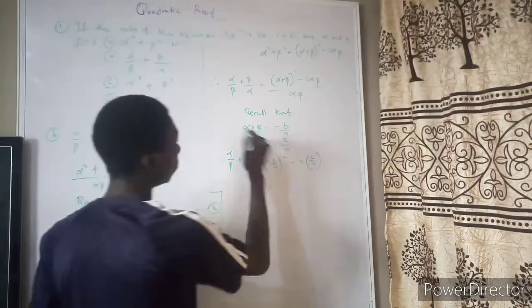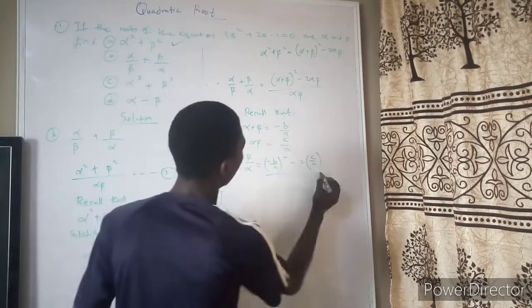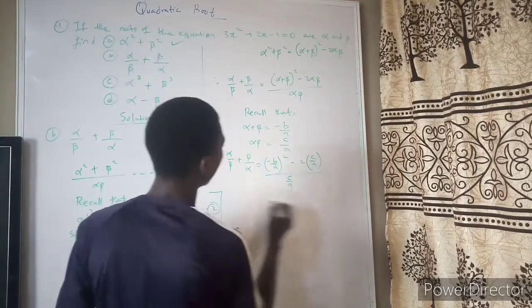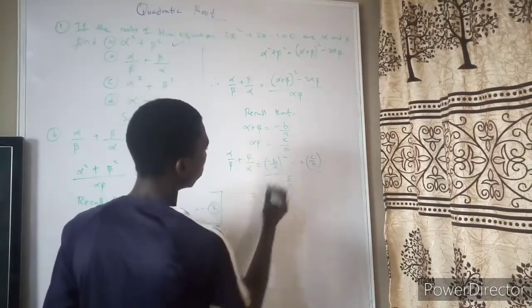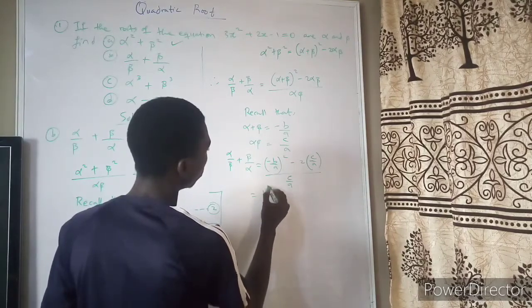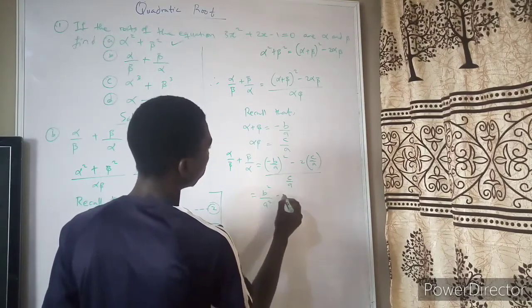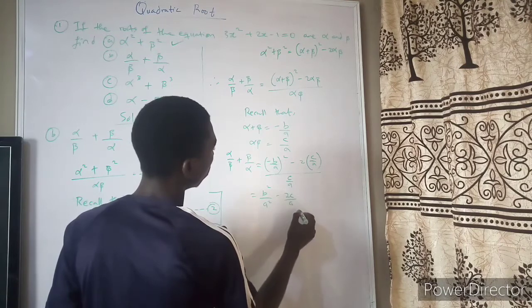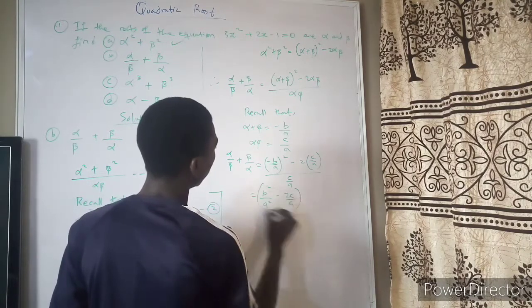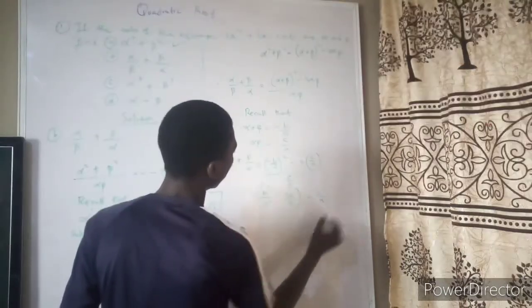We've done this in our previous video, you can check it out. All over alpha beta, which is still c over a. This is equal to b squared over a squared, minus 2c over a, all of this divided by c over a.